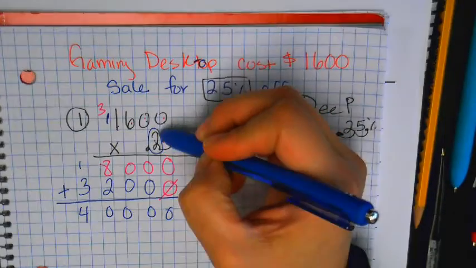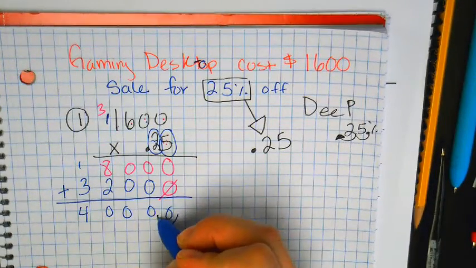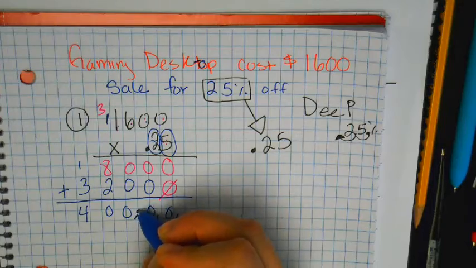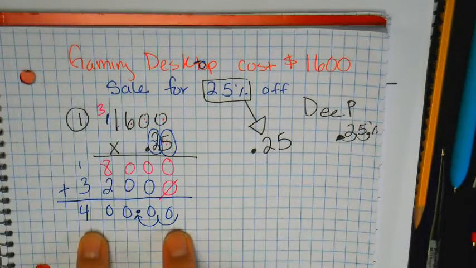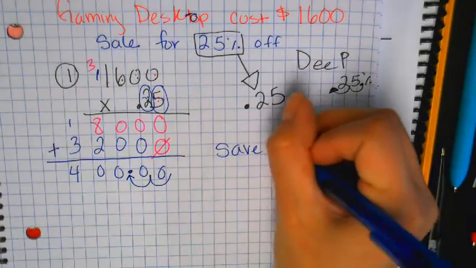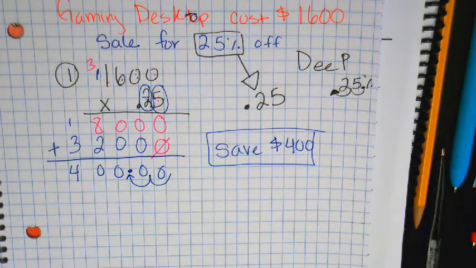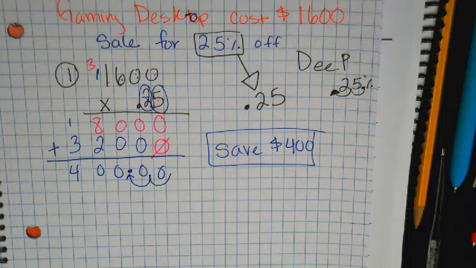So there's two numbers after the decimal, so I'm going to move it 2 times. 1, 2. How much money is this? 400. So you're going to save $400. Yeah, but you're saving, right?